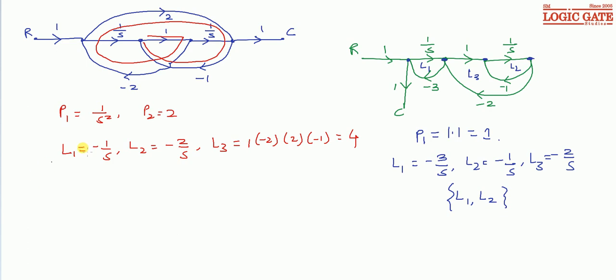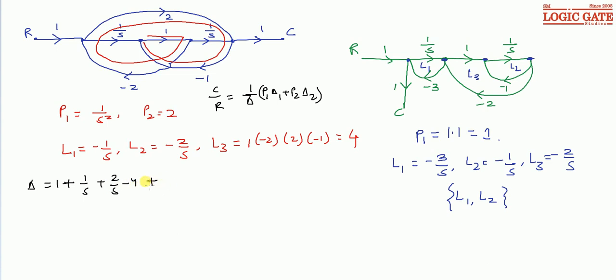So for first, C by R is 1 by del. Here we have two forward paths, so P1 del 1 plus P2 del 2. Okay, so let's calculate del. 1 minus sum of gains of all individual loops. So minus minus and this one is plus. So 1 by s plus 2 by s minus 4.